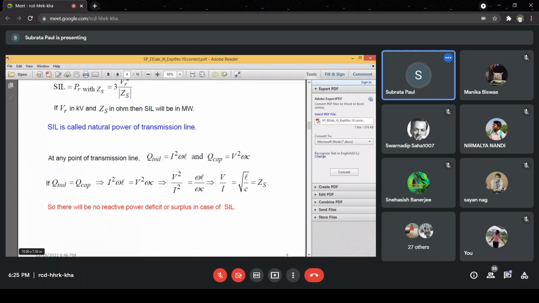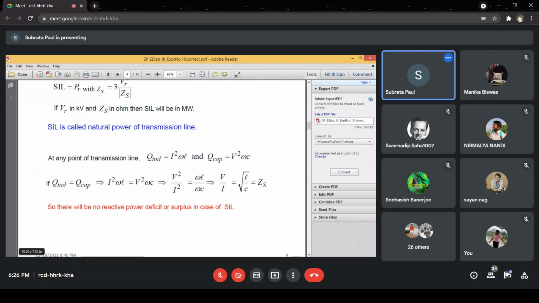Then what will happen? No reactive power is flowing through the line from any point to another. Just think, at every point on the line, the var being generated is being exactly absorbed. So there will be no var flow from any point on the line to any other point.